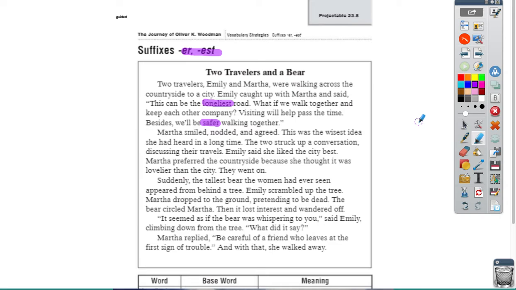Great job, guys. Martha smiled, nodded, and agreed. This was the wisest idea she had heard in a long time. Good job. Wisest. The base word is wise. We add est at the end, so it must mean, that's right, the most wise, which has to do with intelligence.